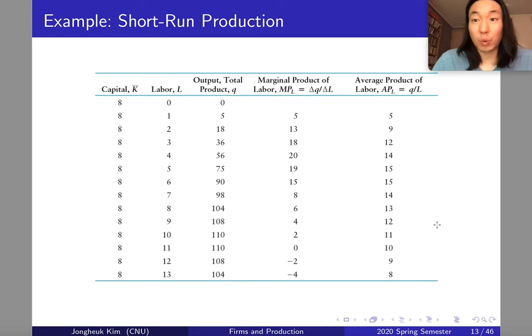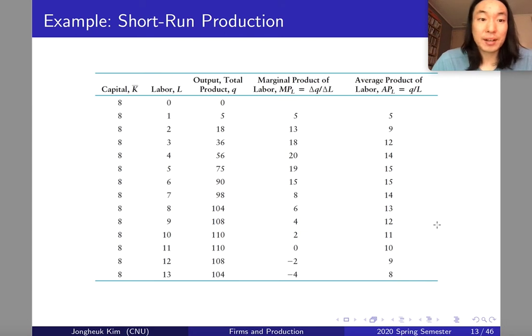Why do you think or why do you believe it is a short term, not long run production process? Because we see the number of capital, the K, is not changing while the output is increasing.